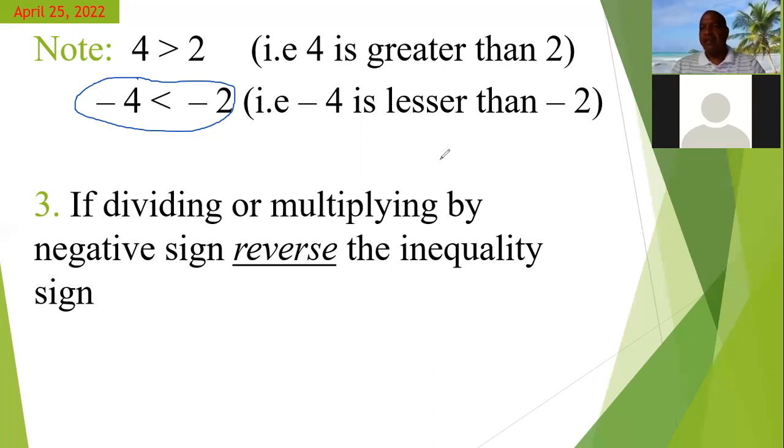The more to the right you are, the greater the values; the more to the left you are, the less the value. So on the number line, -4 would fall more to the left than -2. Even though it is numerically a bigger value, negatively, it is a smaller value. All right? Yes, sir. That is something to bear in mind.